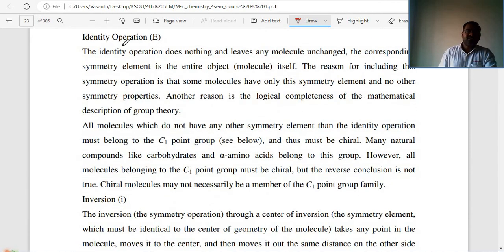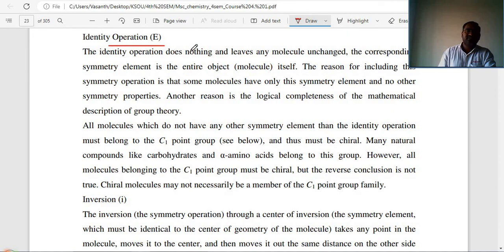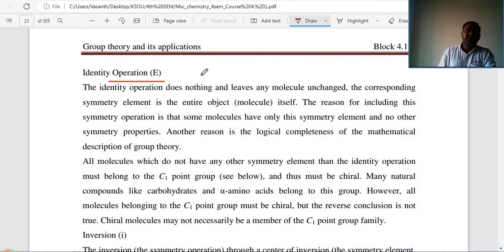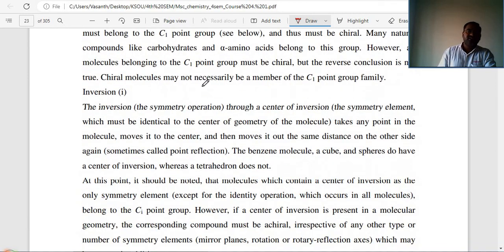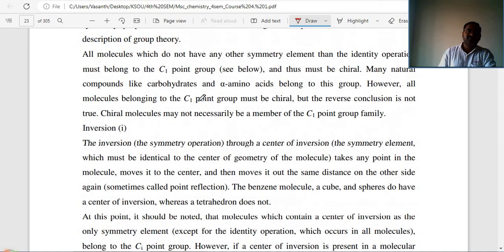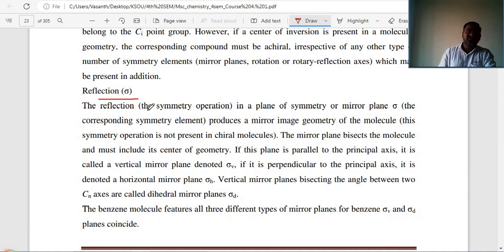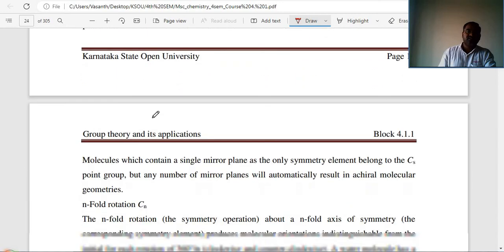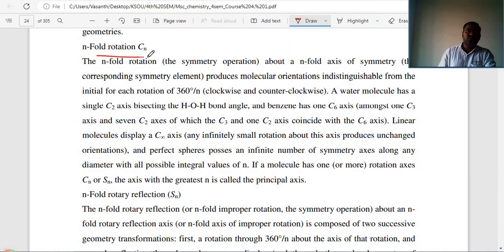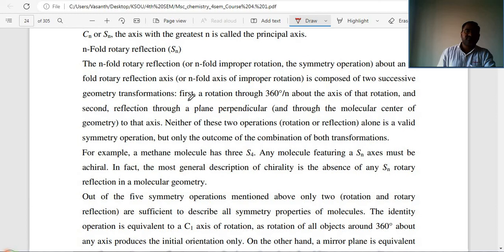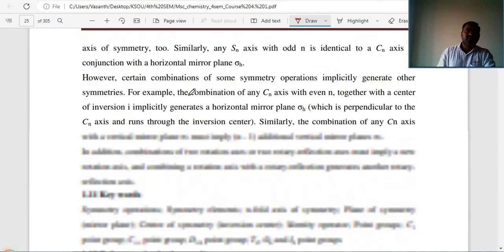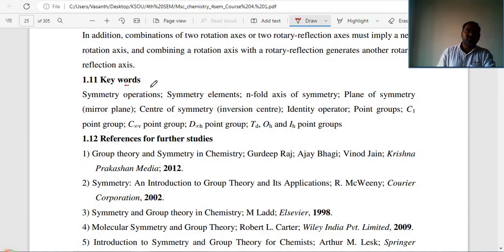We considered the identity operation, inversion, reflection and all n-fold rotations; all are discussed in that unit.